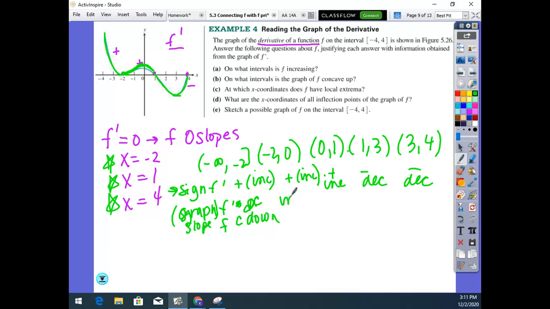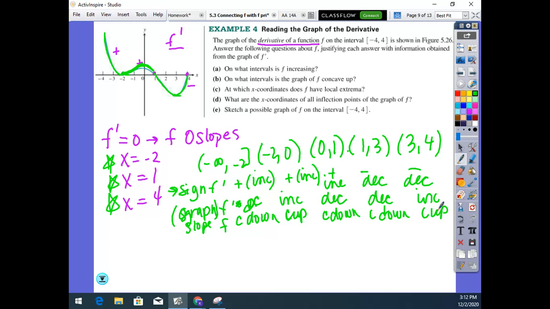So f prime is increasing, so f is concave up. Then from 0 to 1, f prime is decreasing, so it's concave down, still decreasing, still concave down, and then when I get to 3, it starts to increase, concave up.